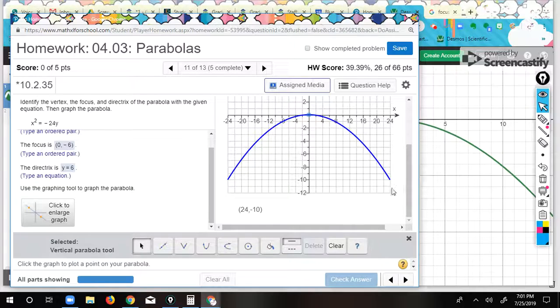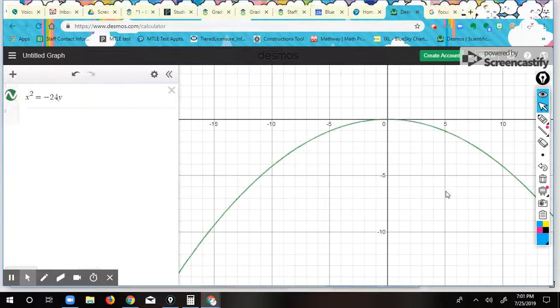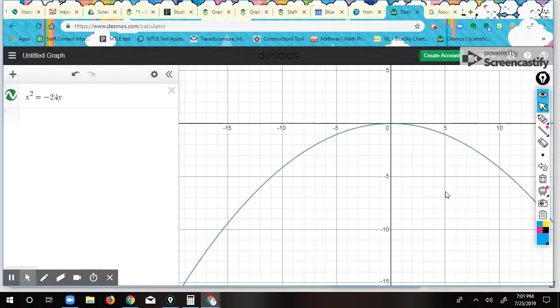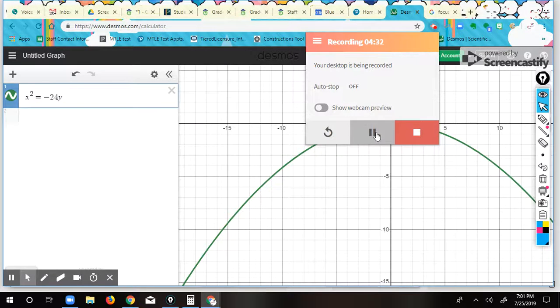Nope. We need an even one. I dislike this graph, friends. -4. Yeah, we're gonna pause while Jen finds the point.